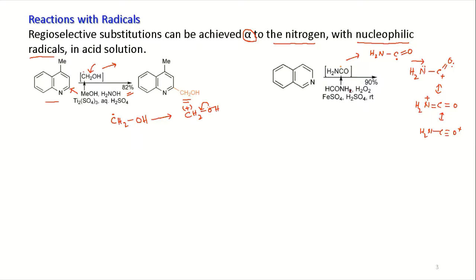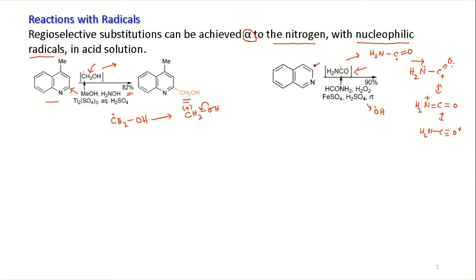Now this radical is generated by treatment with Fenton reagent. You have Fe2 sulfate in the presence of sulfuric acid and hydrogen peroxide. This generates the OH radical, and this OH radical abstracts this hydrogen and generates this particular radical, which is nucleophilic, so it will prefer to react.